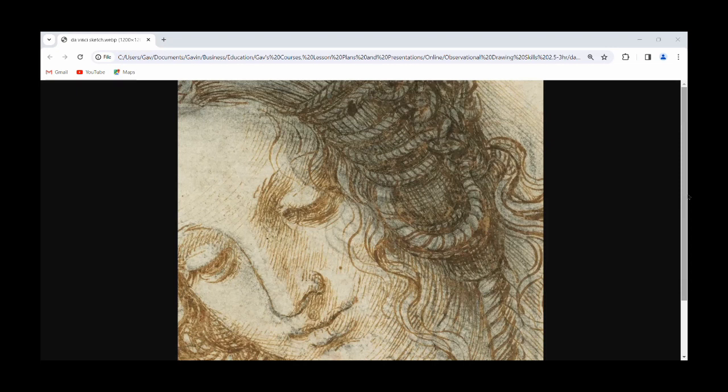Okay. You know, those eyes look like eyes, but actually they're just a series of pen strokes. Okay, so the great masters got very good at observational drawing, at observing things as they really are.